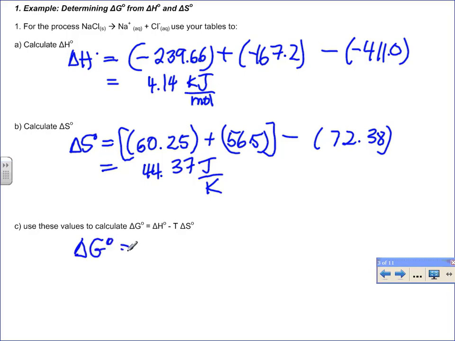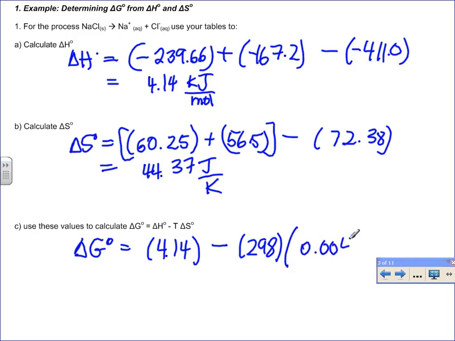So now we're going to calculate delta G naught from that by taking our delta H and subtracting 298 times the change in entropy, and the change in entropy, you'll notice I changed it to 0.04437. I divided it by 1,000 because I was changing the units from joules to kilojoules.